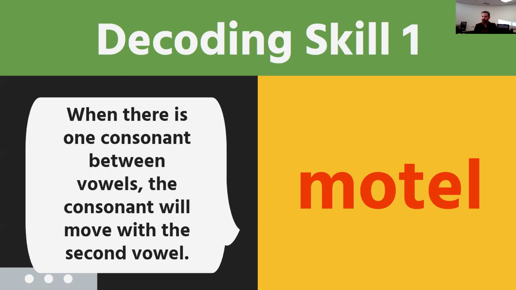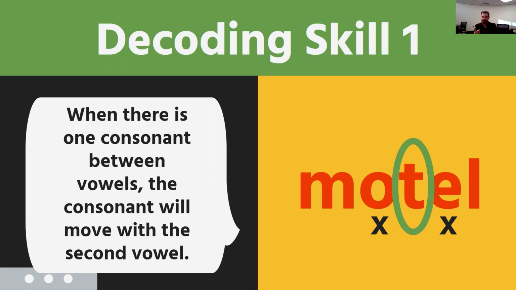So we need to look at this word and identify all its vowels. Same process, start from the left, go to the right through the word, and mark each vowel under the word. So we mark the O and we mark the E. Now we're ready to apply decoding skill 1. We look at the consonants between our vowels. There's one of them.